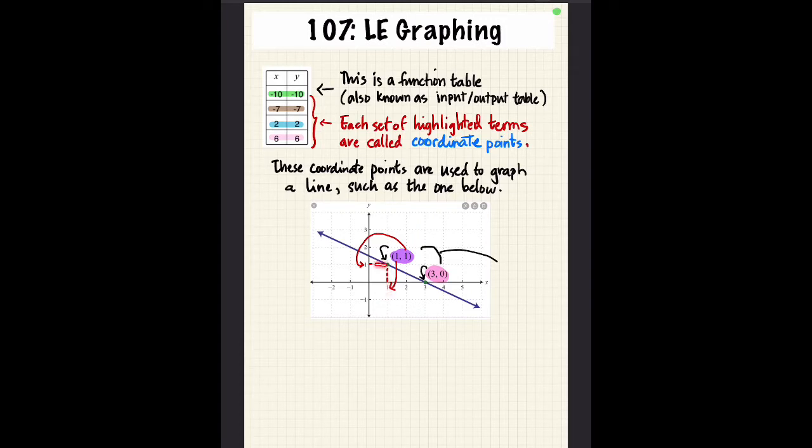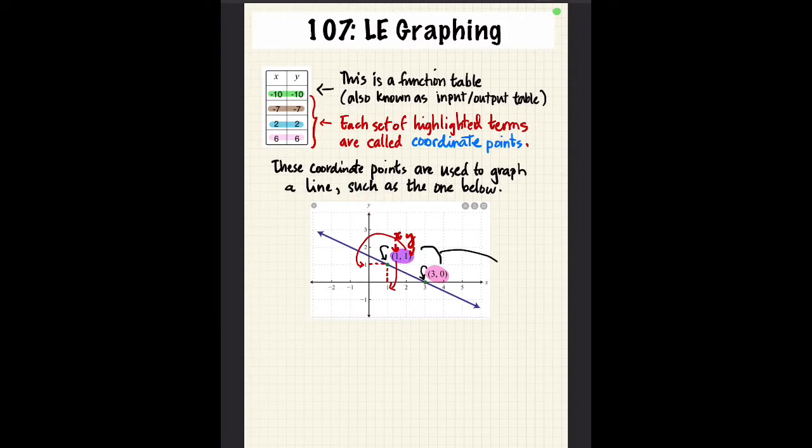And this is 1. Now, please remember, the coordinate points are ordered x and then y. So this is x and this is y. So when you look at the points, the first one goes to the x-axis. The second one goes to the y-axis.